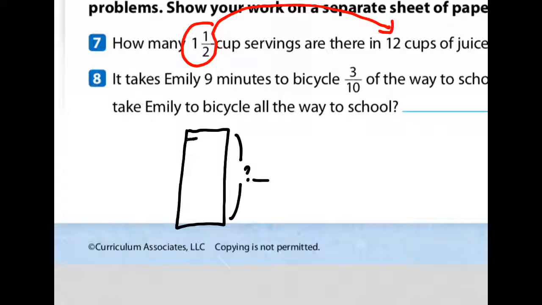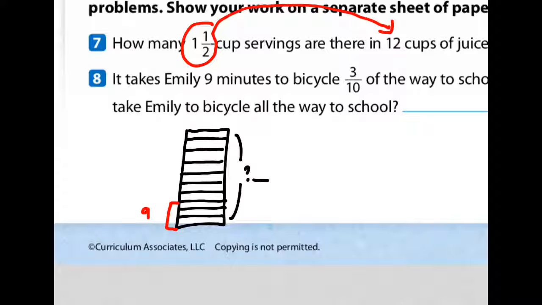So if I split this into tenths, ten sections, and to go 3/10 of the way, these 3/10 right here, it takes her 9 minutes.